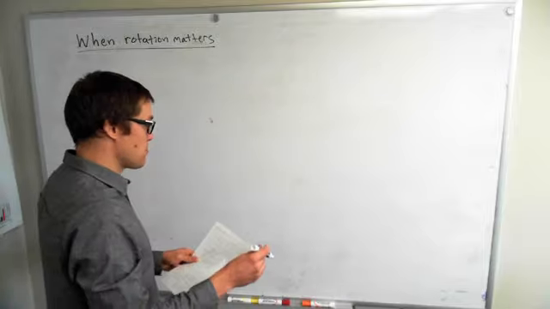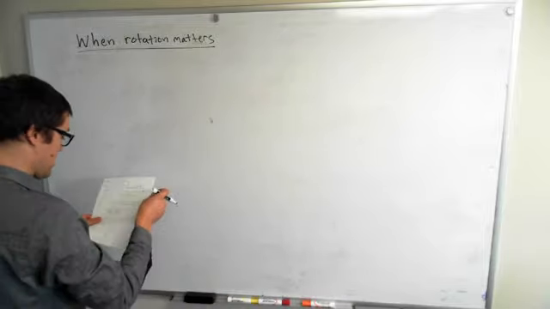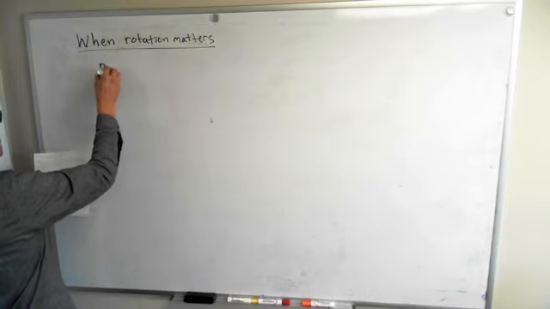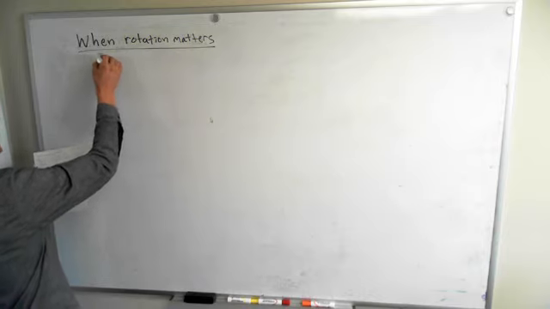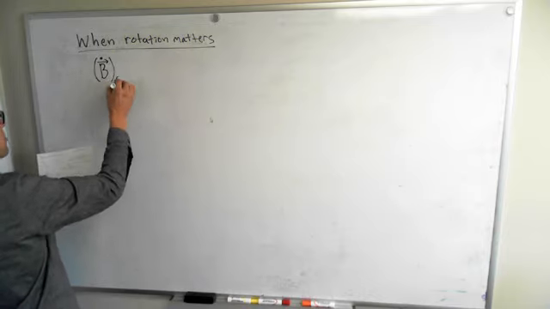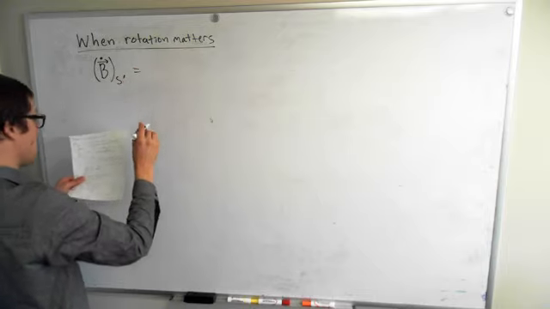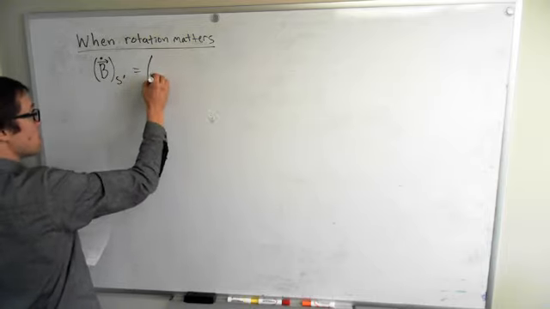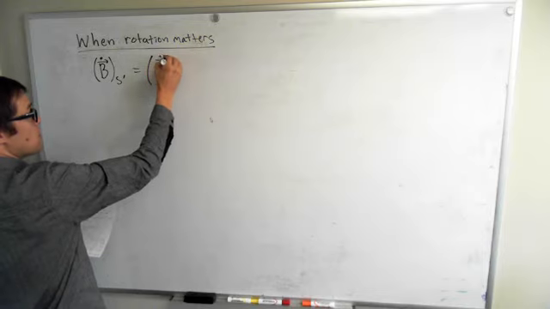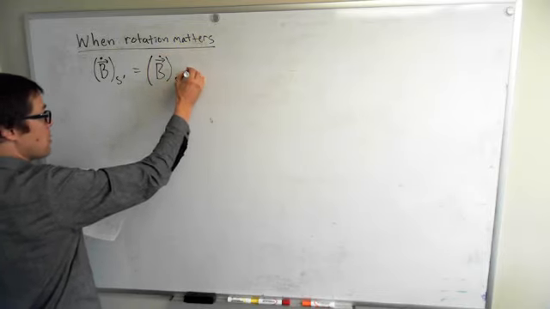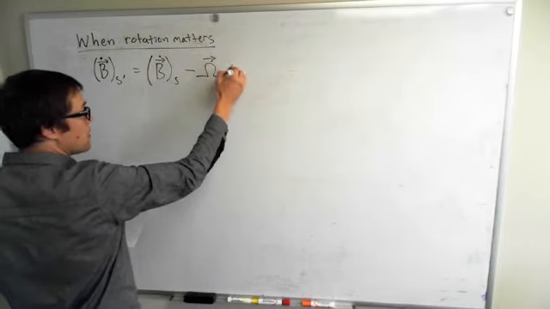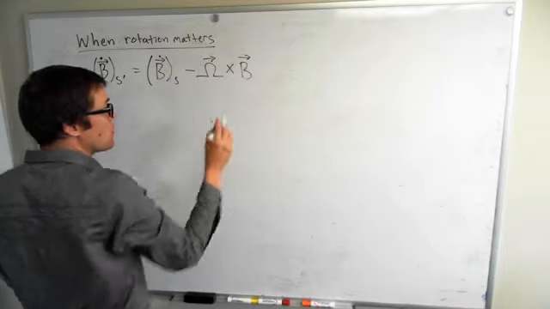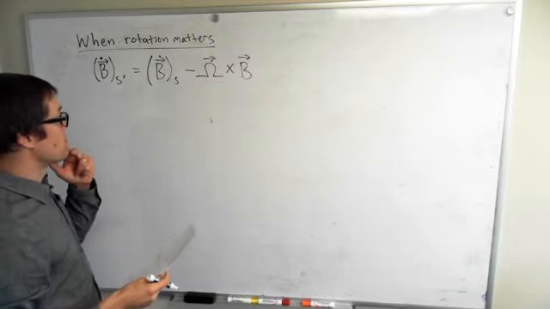Okay, so remember from last time, this is the basic result we showed: if we want to know the time derivative of some vector in a rotating reference frame, then that is equal to the time derivative in the stationary frame modified by this omega cross v term.